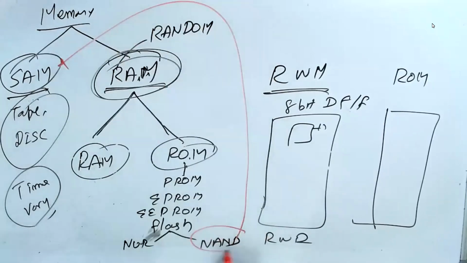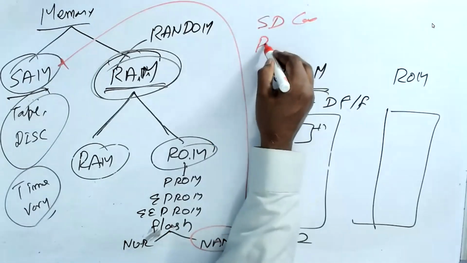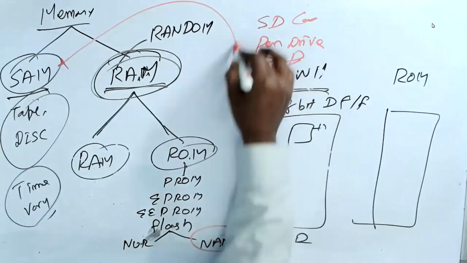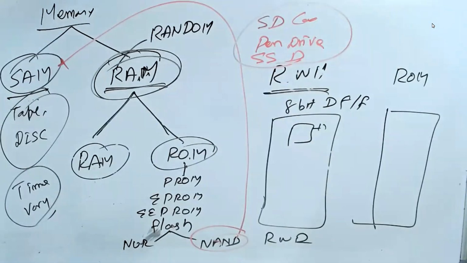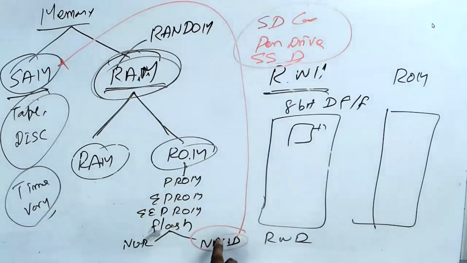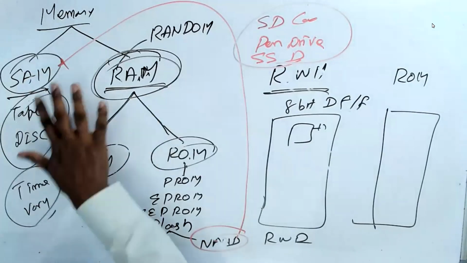The NAND flash is the one used in your SD card, pen drive, SSD, hard disk. All are using NAND flash, which comes under ROM, but it does not come under RAM. Please don't get confused. This NAND flash is sequential. I'll explain to you later when we discuss all about memories.